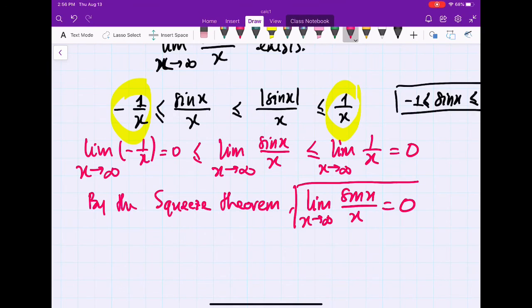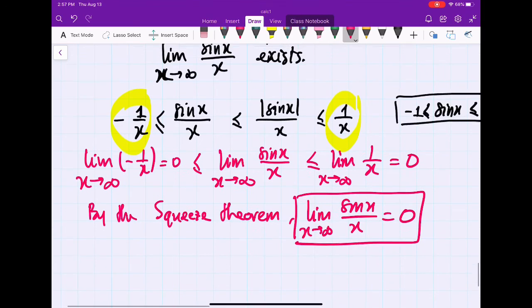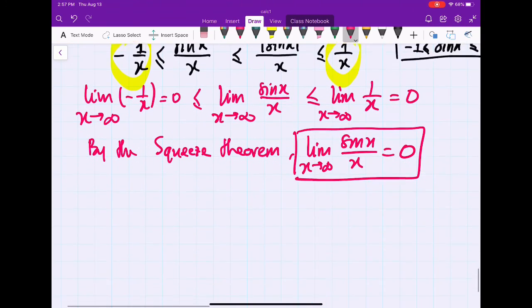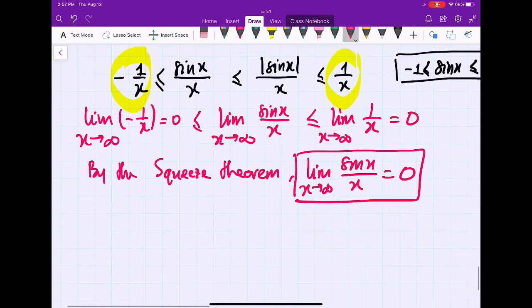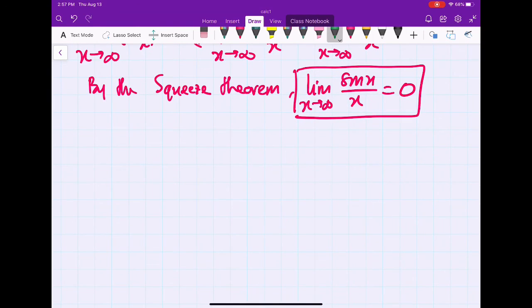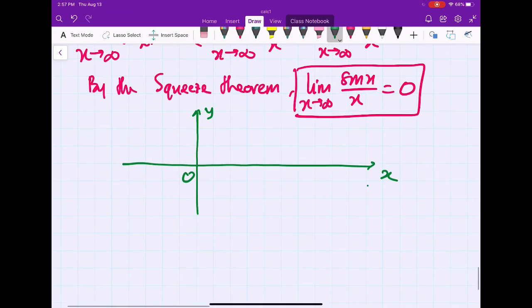Right? So what does it mean? Look at this graph, and then compare with the graph of sine, right? So you have this picture. This is x. This is y, 0. When x approaches positive infinity is right here. The function approaches 0.